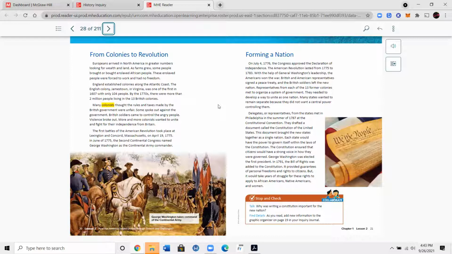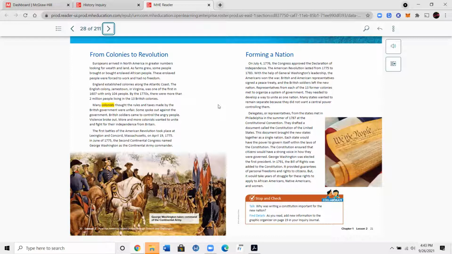Delegates or representatives from the states met in Philadelphia in the summer of 1787 at the Constitutional Convention. They drafted a document called the Constitution of the United States. This document brought the new states together as a single nation. Each state would have the power to govern itself within the laws of the Constitution.